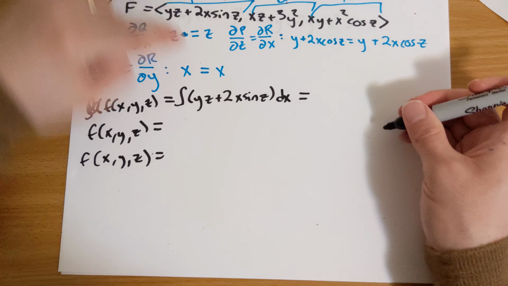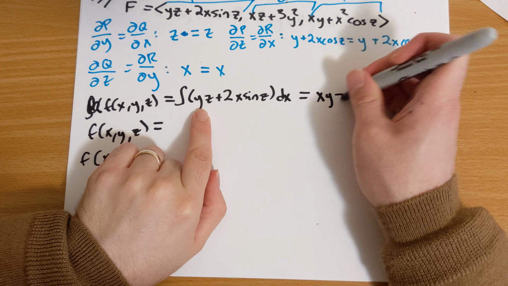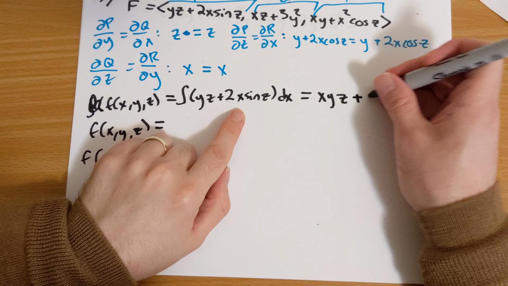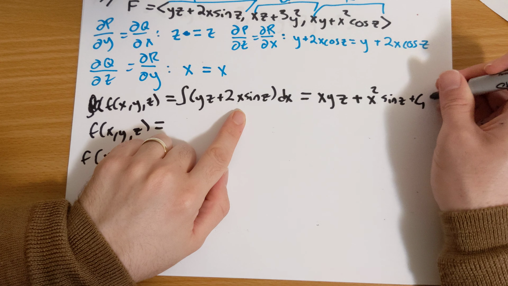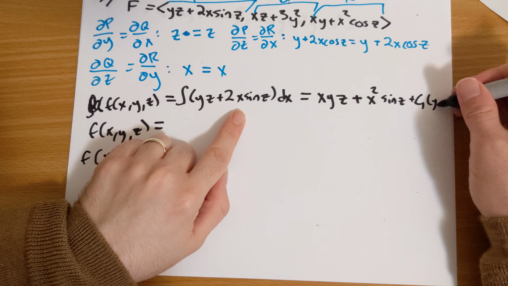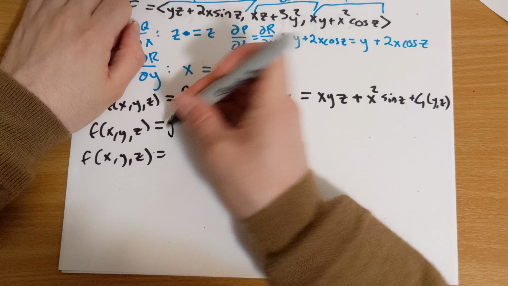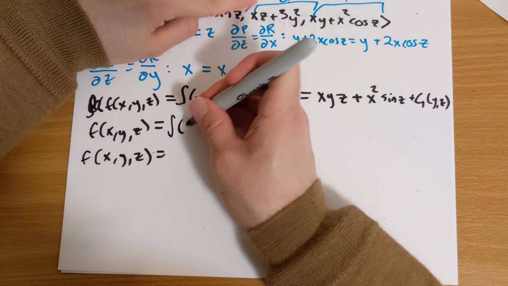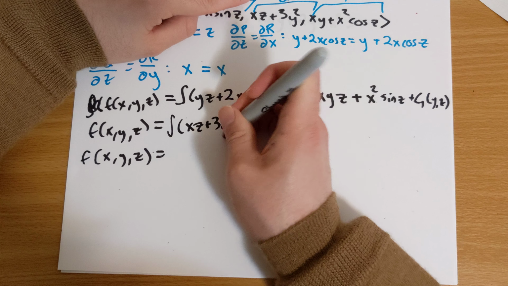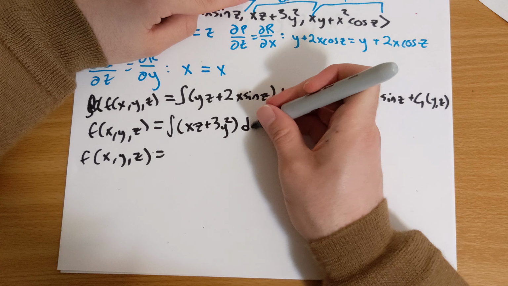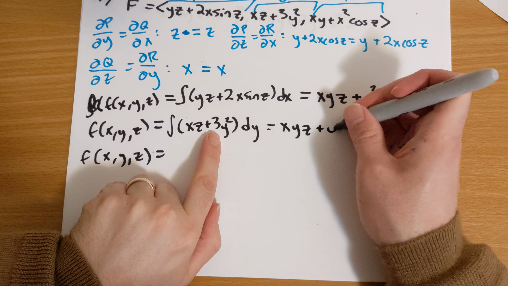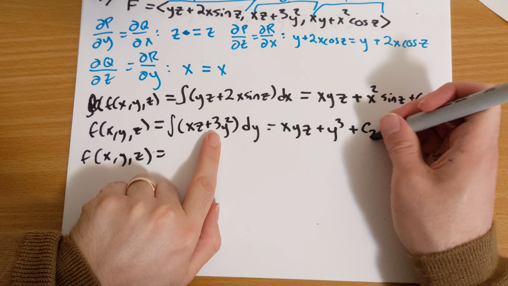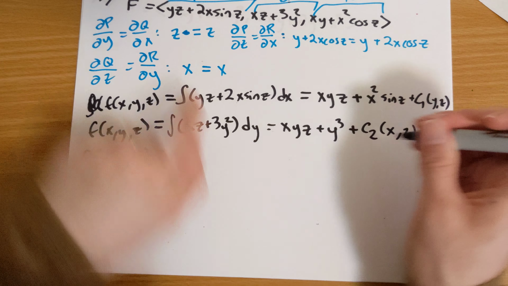Integrating with respect to x will give us xyz plus x squared sine z plus something that maybe depends on y and z. Part 2, integrate q, xz plus 3y squared, with respect to y. This becomes xyz, this becomes y cubed, plus some function that maybe depends on x and z.